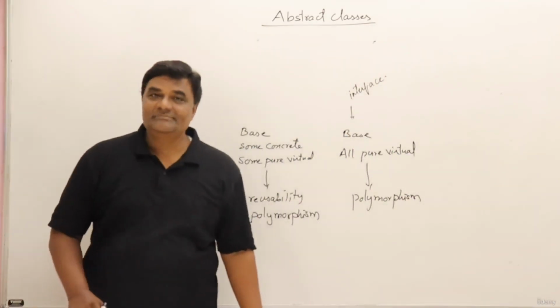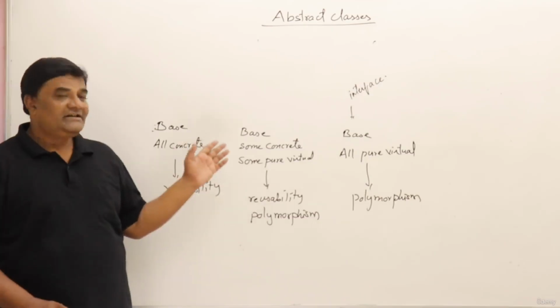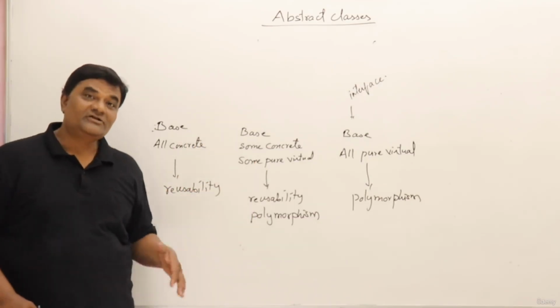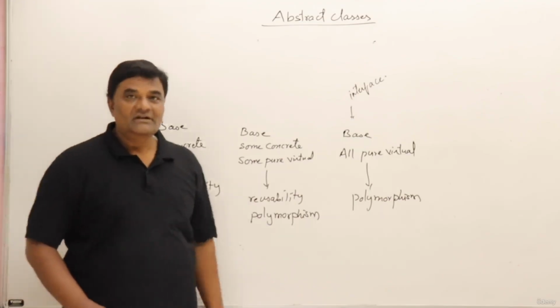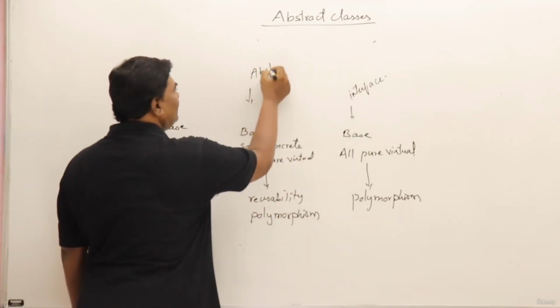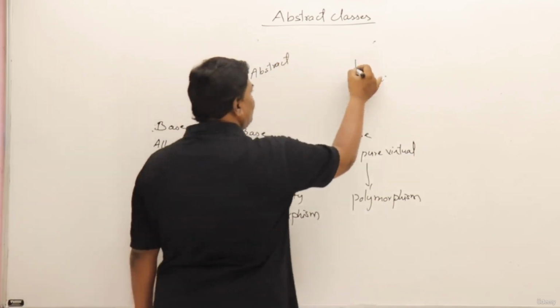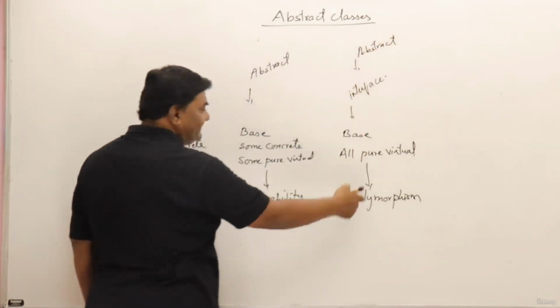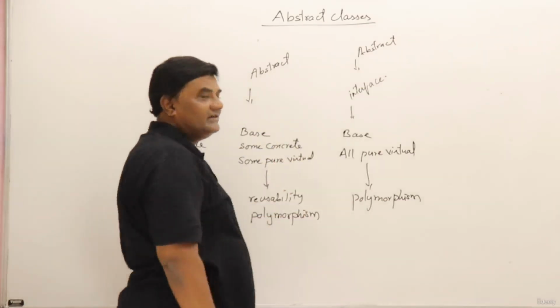That's it. So in C++ we can have these three types of classes, right? I have given these based on the purpose of the classes. These classes are called abstract, and these are also called abstract. When everything is abstract, it's better to use the name interface.